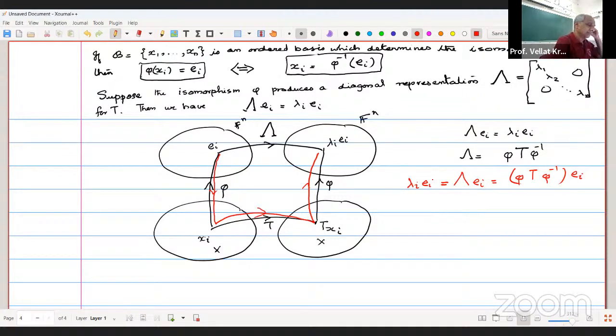Therefore, I get phi inverse of lambda ei equal to T phi inverse of ei. Therefore, lambda i phi inverse of ei equal to T of phi inverse of ei.